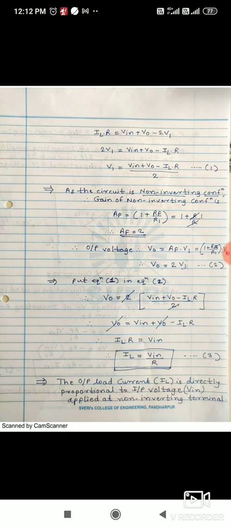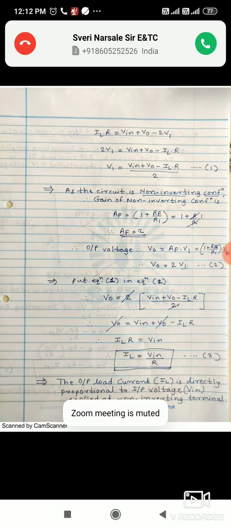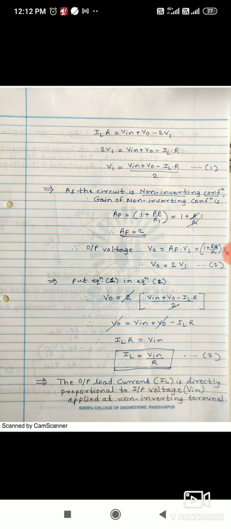Every resistor's value should be the same. According to that, AF, the gain of the non-inverting configuration, we got as 2. The output voltage relation is V0 is equal to AF into V1. Based on that we got the relation for output current, IL is equal to Vin divided by R. So output load current is directly proportional to input voltage Vin.